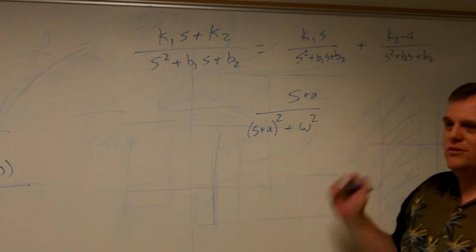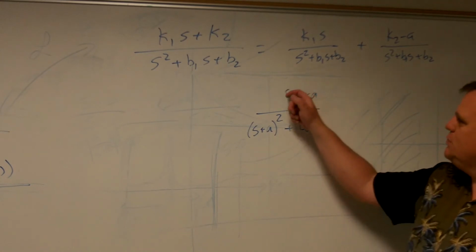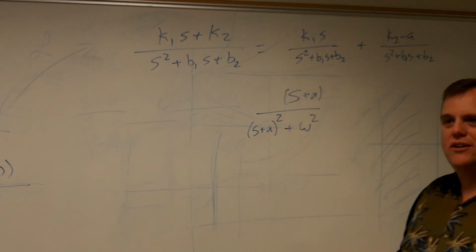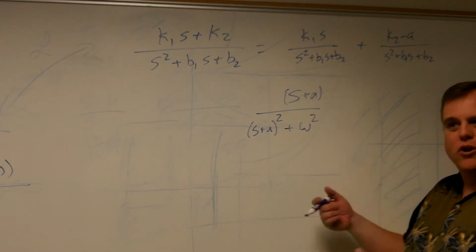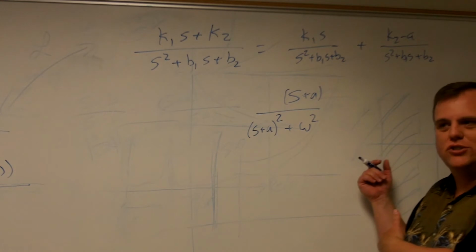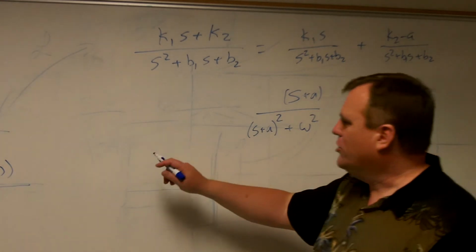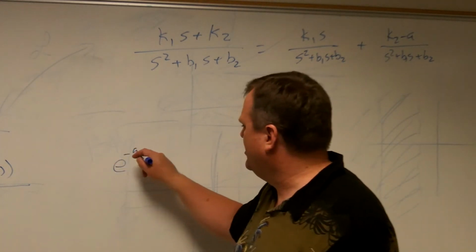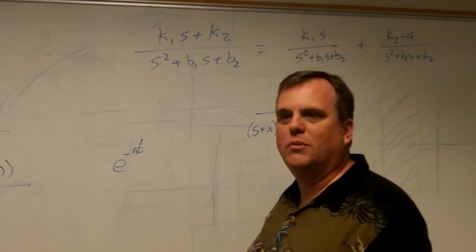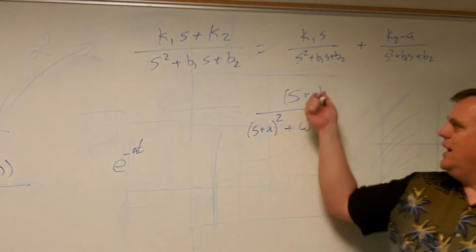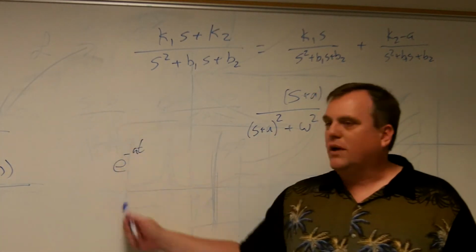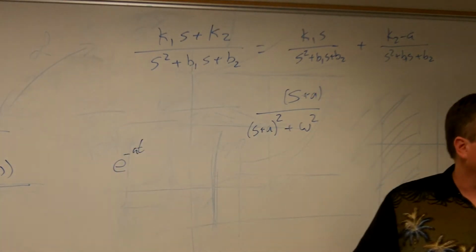And what do you have now? Well, s has been replaced by s plus A. That's a shift in your frequency space. We've already said a shift in frequency space causes a multiplication by e to the minus at in time. Shifting by A in frequency multiplies by e to the minus at in time.